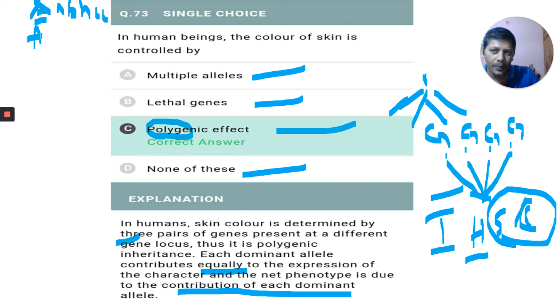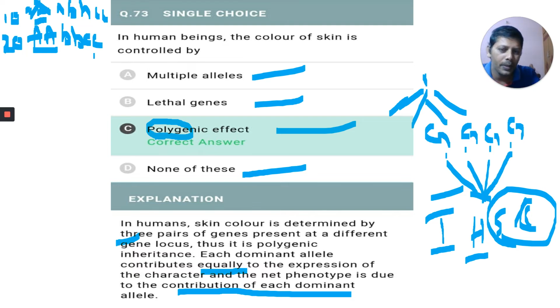In another person, there is capital A, small c, small b. Here, two are there. For example, this allele is producing 10 molecules of melanin. As there are two here, 20 molecules of melanin are produced. Therefore, skin becomes darker and darker as the number of dominant alleles increases.